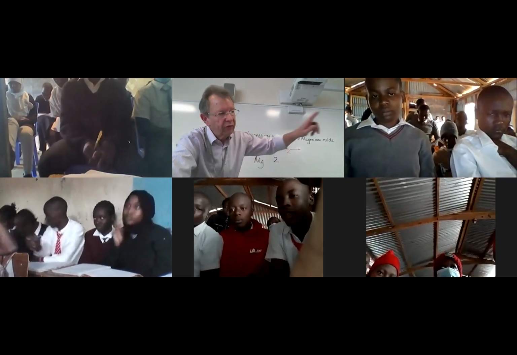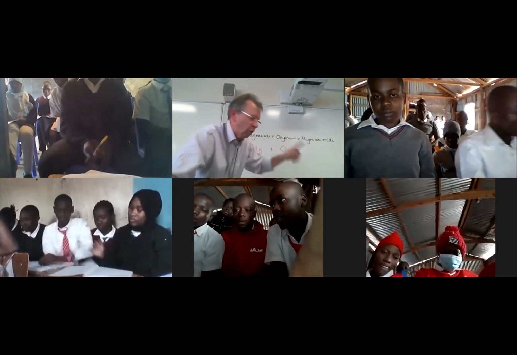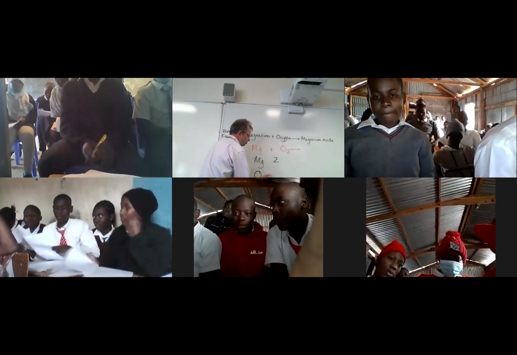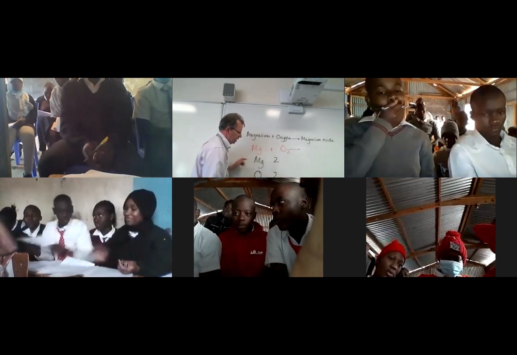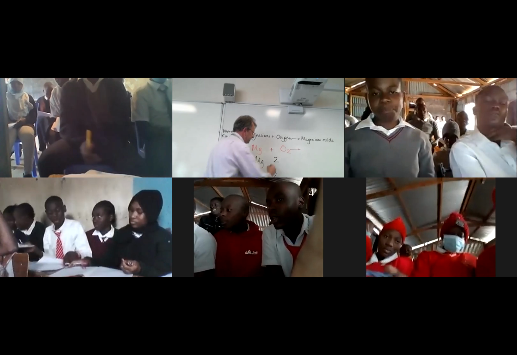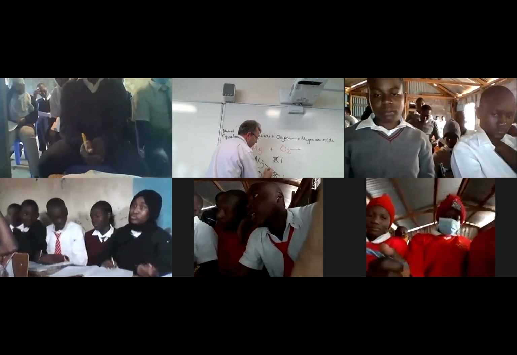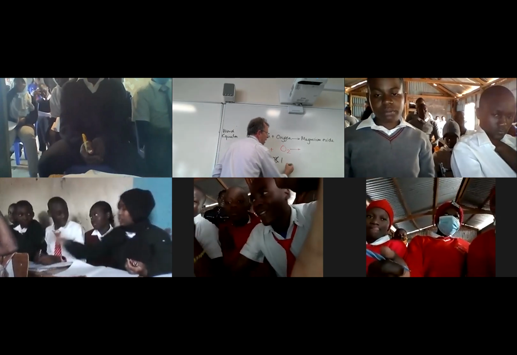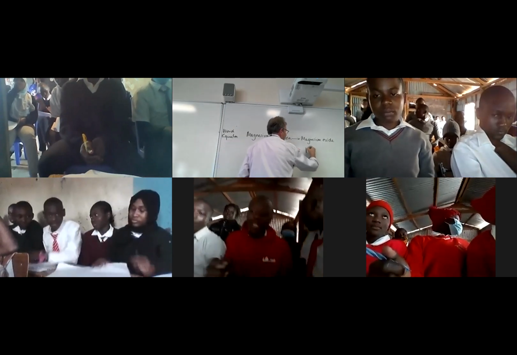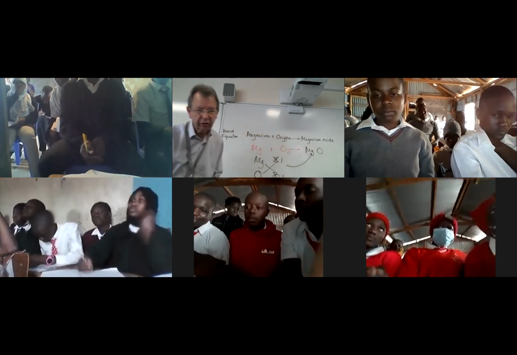Group 6, valency 2. So oxygen is 2. I must remember to simplify these. So these are 1 and 1, the same number. So it is MgO. Okay, it's not Mg2O2, it's MgO.